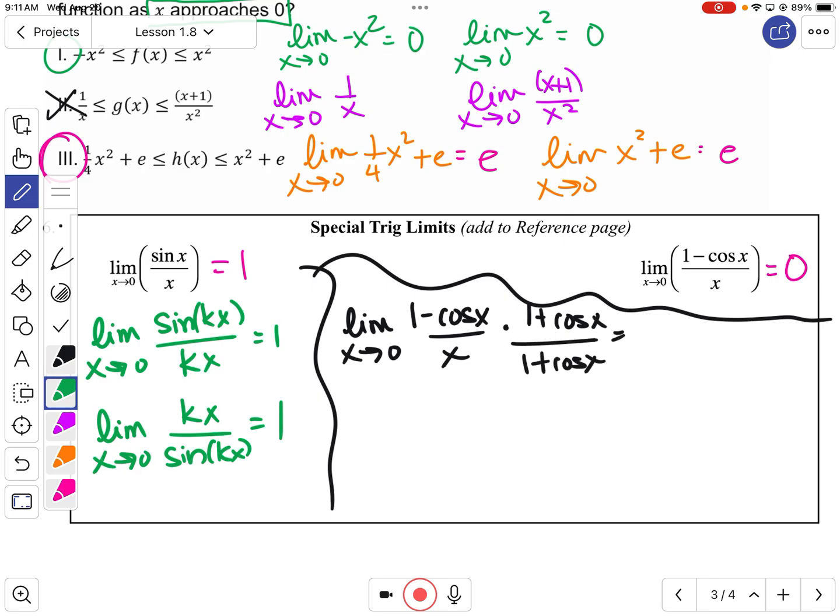So I'm going to keep my limit notation with me because I'm not ready to quit just yet. If I distribute on that top, that's going to give me 1 minus cosine squared over x times 1 plus cosine.